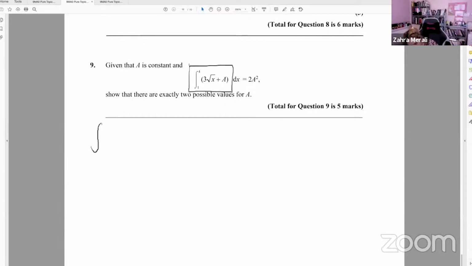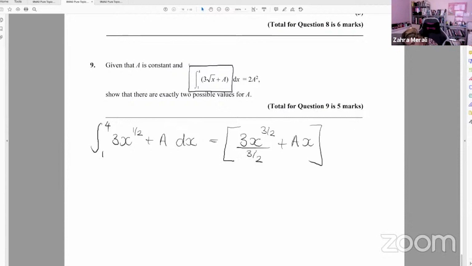This is the same as the integral of 3x to the power of a half plus a dx. So if we were to integrate this, we add 1 to the power and we divide by the new power. So we get 3x to the 3 over 2 divided by 3 over 2, plus ax, between 4 and 1.